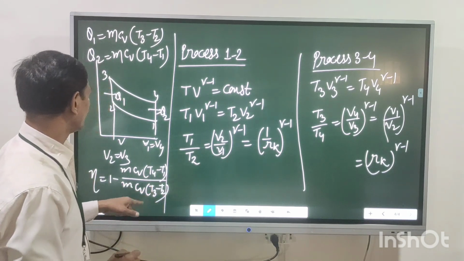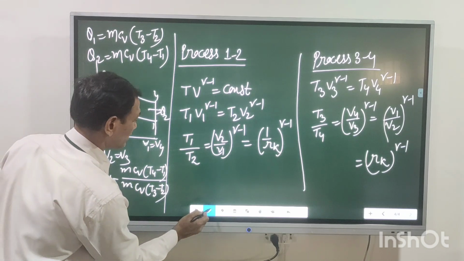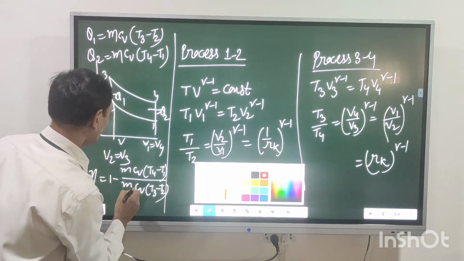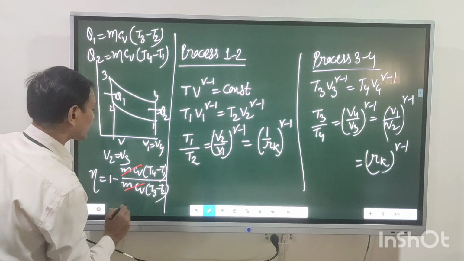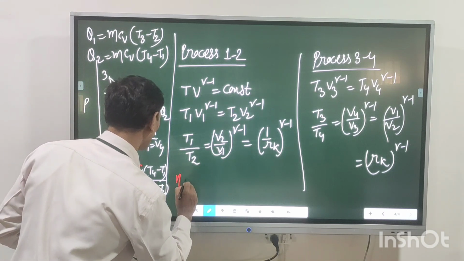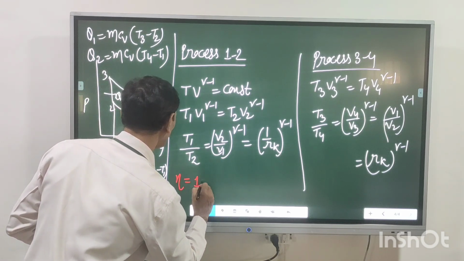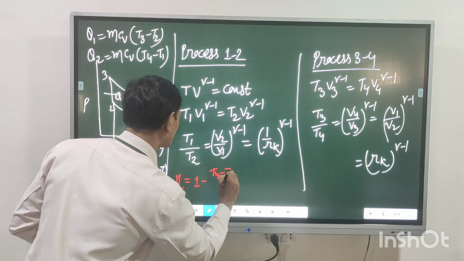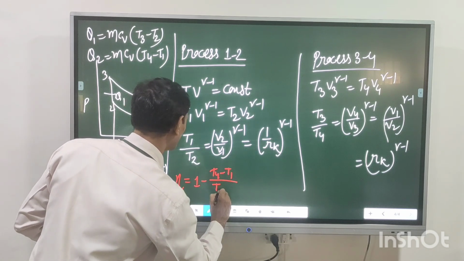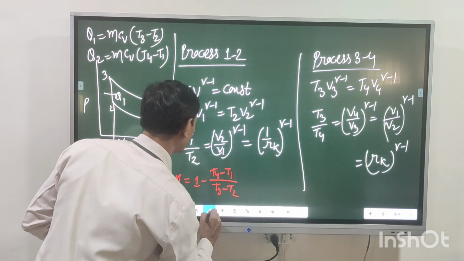Now m Cv will cancel. So I have efficiency is equal to 1 minus (T4 minus T1) by (T3 minus T2).